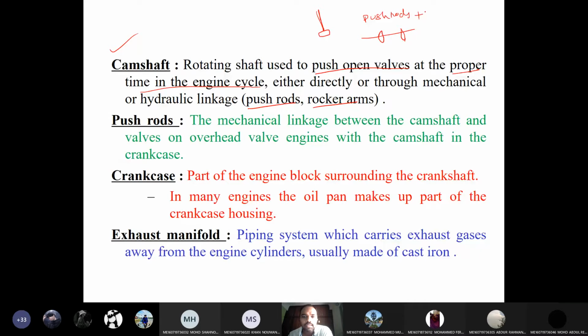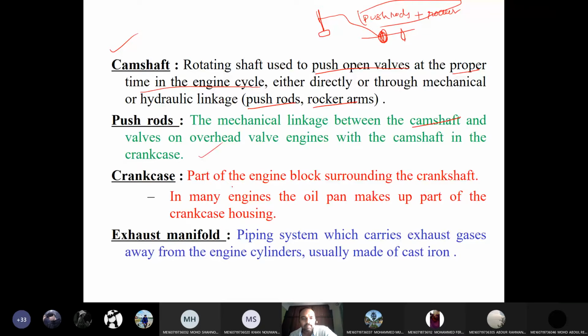By using push rods and rocker arms. Push rods and rocker arms are used to connect cams as well as the valves. Okay, right. So the mechanical linkage between camshaft and valves on an overhead valve engine with camshaft in the crankcase.